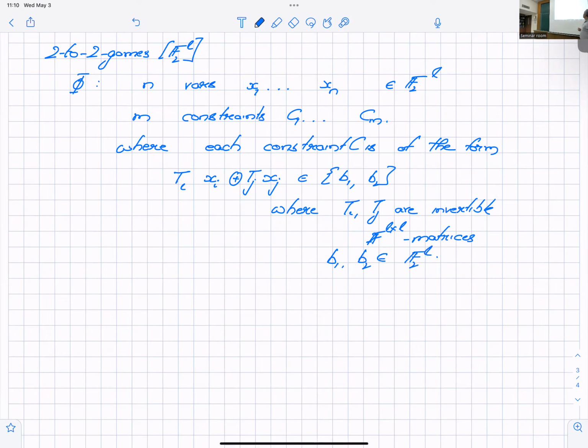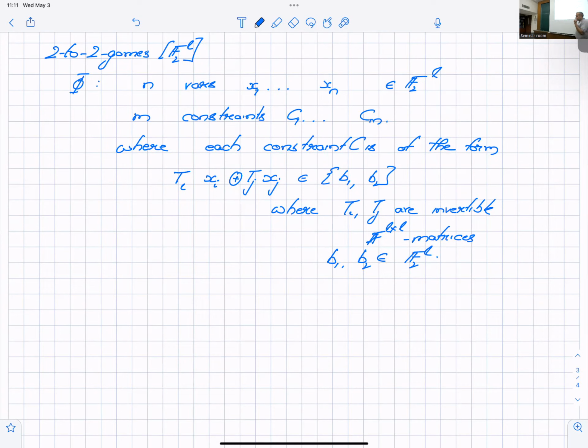Ti does not depend on C? No, for different constraints C they have different Ti.